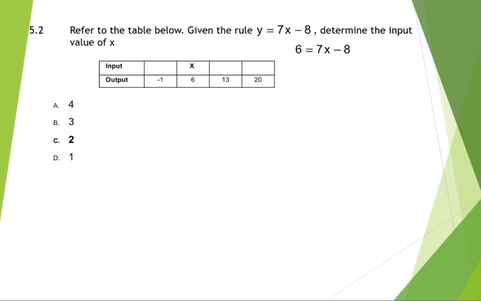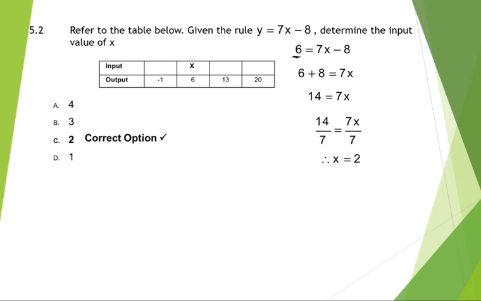It means 6 for our y, which is the output, is equal to 7x minus 8. Like terms together: 6 plus 8 is equal to 7x. 14 is equal to 7x, divided by 7 both sides. So x is equal to 2. The correct option is C.